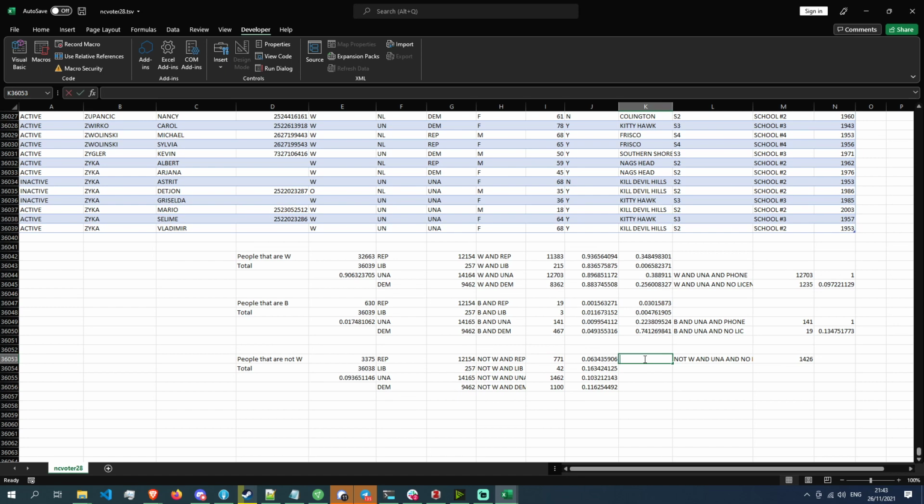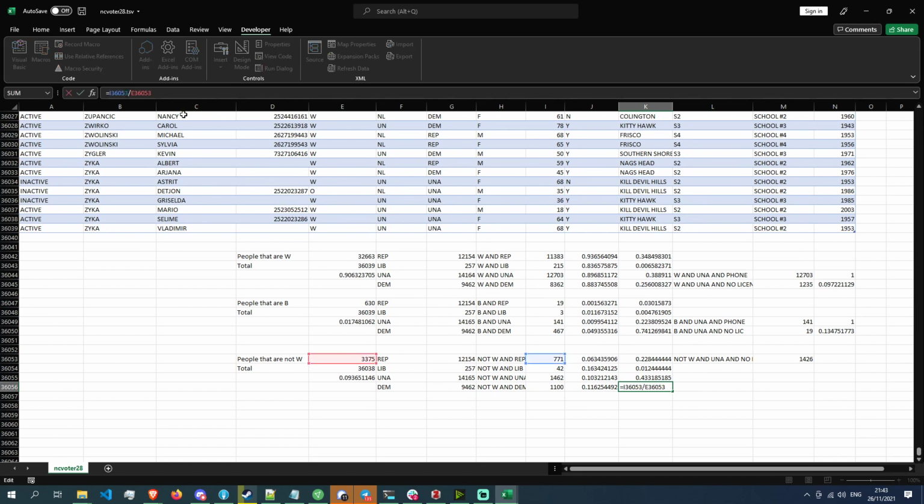And so this would be this divided by all the people that are not white, which is 22% of the people that are not white are Republican. 1% of the people that are not white are liberal, and 43% of the people that are not white are unaffiliated.